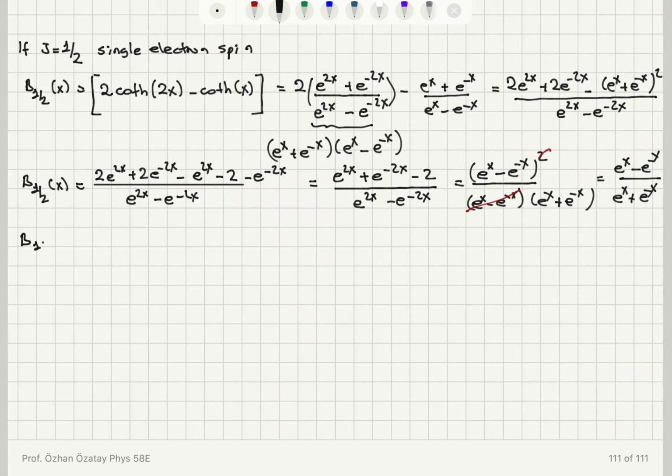So what did I find? The Brillouin function for j equal to 1/2 is equal to tangent hyperbolic x, in agreement with the single spin result.